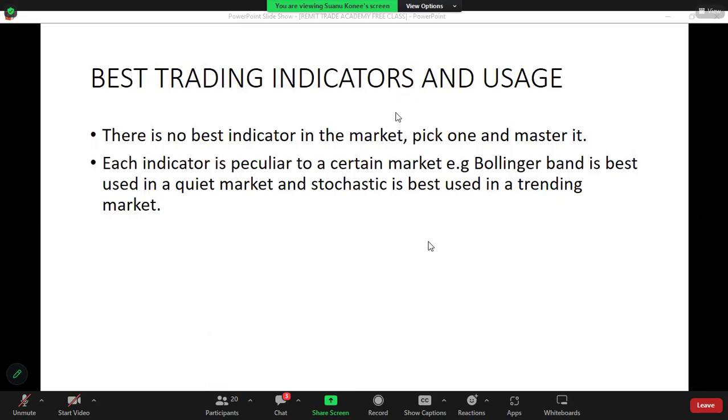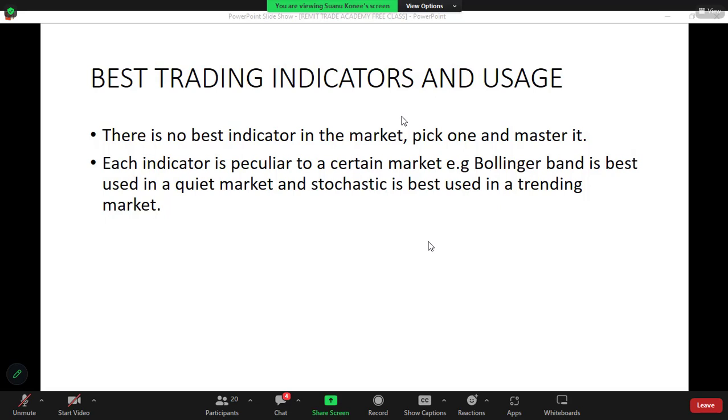Backtest. Then number two, each indicator is peculiar to a certain market. I tell people in my beginners class that these indicators are all peculiar to a particular market. Now, why am I saying so? When you are using a Bollinger Band, you don't trade Bollinger Band in a noisy market.